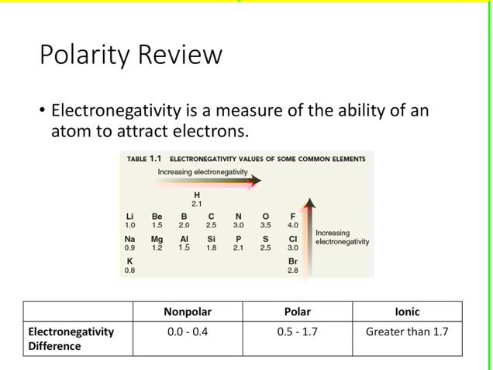This is on a scale from 0 to 4, and you'll notice that fluorine has the highest electronegativity value. Electronegativity increases going left to right across a period, and it also increases going up a column or group.